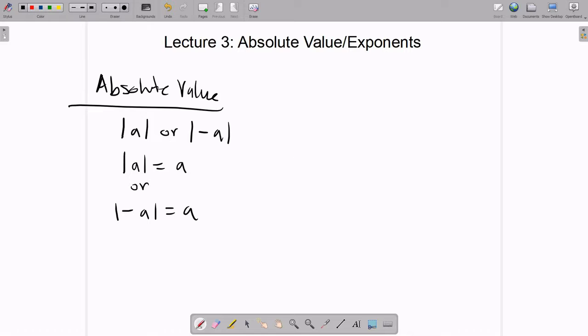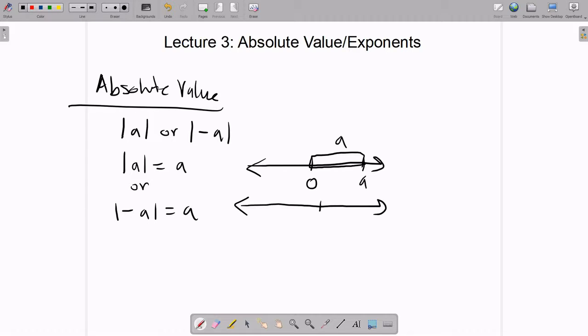Regardless, on the number line, any value from 0, like a value of A, if you measure this, it's essentially just A. That's just the absolute value. You want to know how far away from 0 this number is, and it just happens to be A. Same thing for the negative A: how far from 0 you are, it's just A. It's just a positive value.